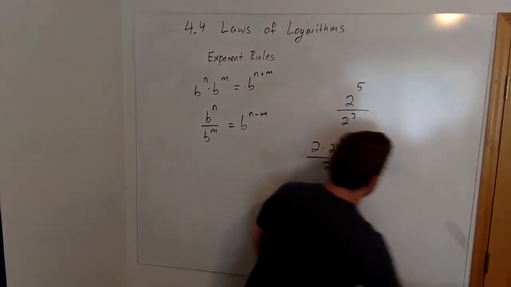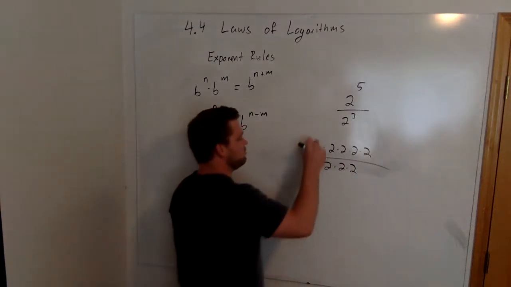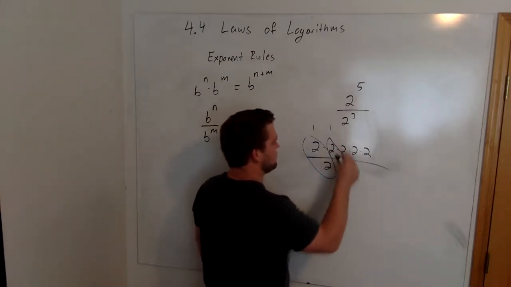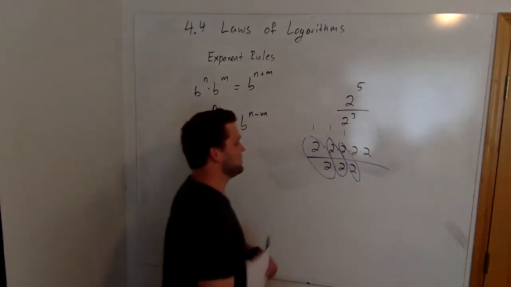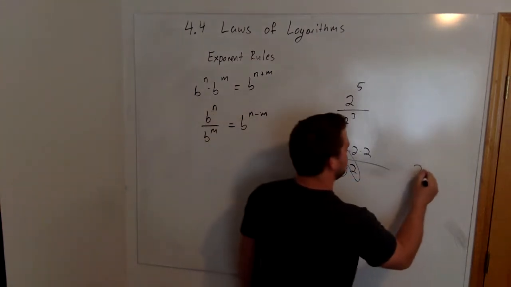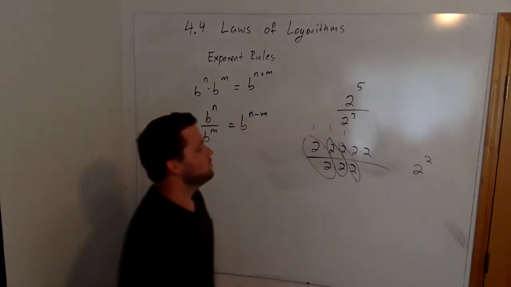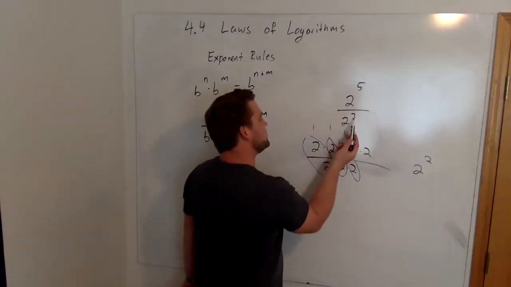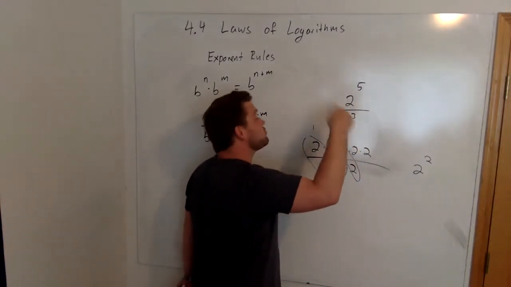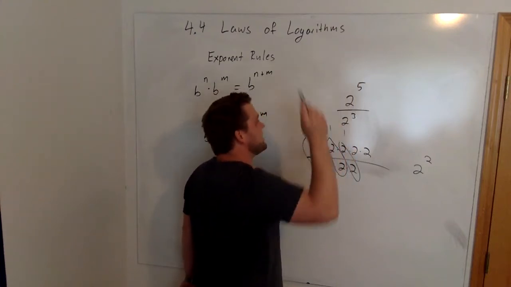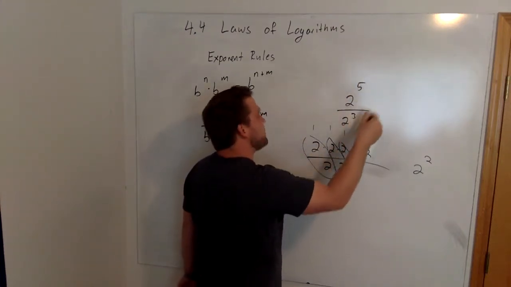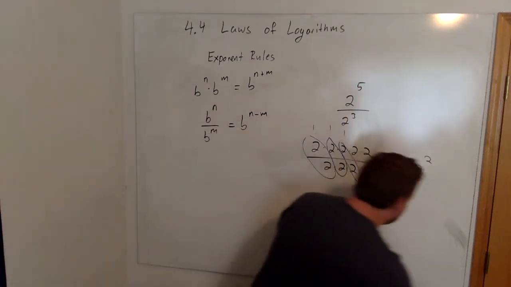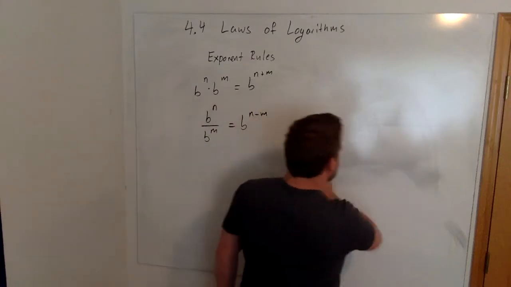Let's get rid of those secret 1's lurking in the bushes. 2 divided by 2 is just a 1, another 2 divided by 2 is another 1, and another. What are we left with? We're left with 2 squared. Why do they subtract? There are 5 2's on top and 3 on the bottom. I'm canceling 3 2's out of the numerator, so 5 minus 3, I have 2 2's left. So they subtract. That's another rule.